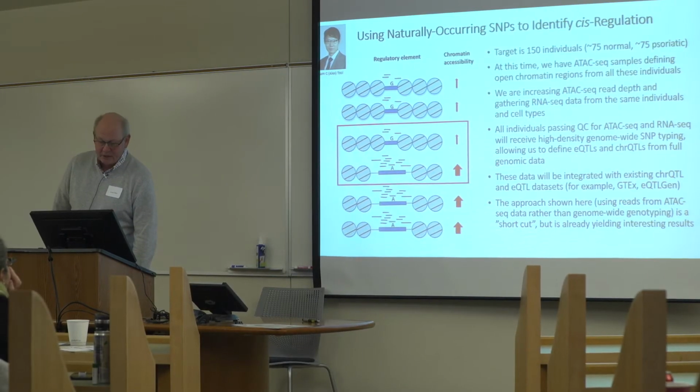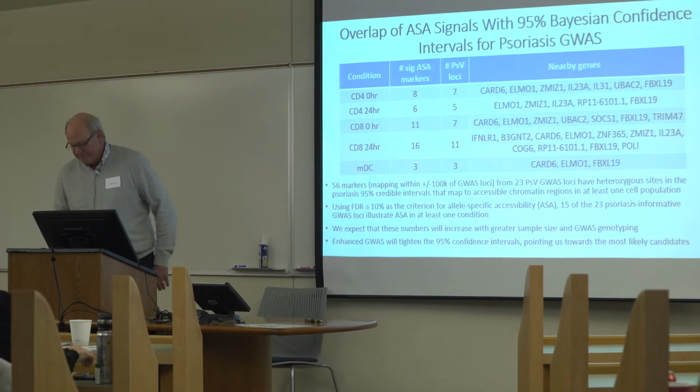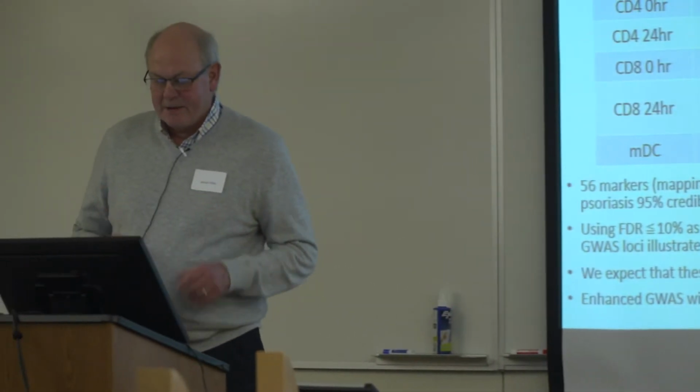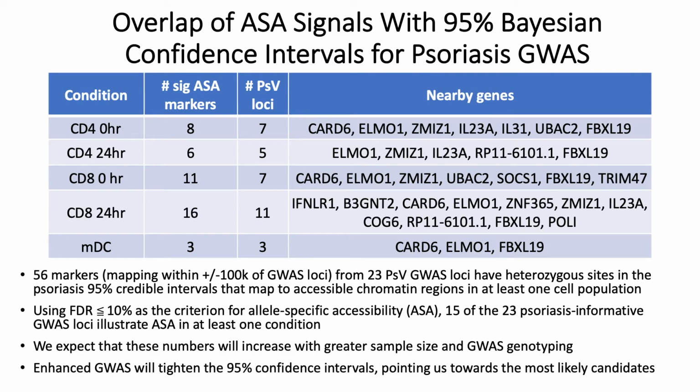And I'm not really going to be showing you any of the data from MGI today because we're still doing it, but we are excited because we've been able to find quite a few genes that have differential chromatin accessibility as demonstrated by ATAC-seq, and are also mapped very close to GWAS hits.